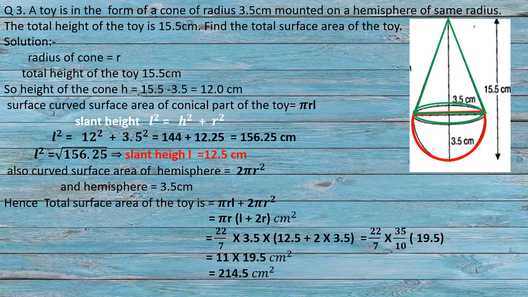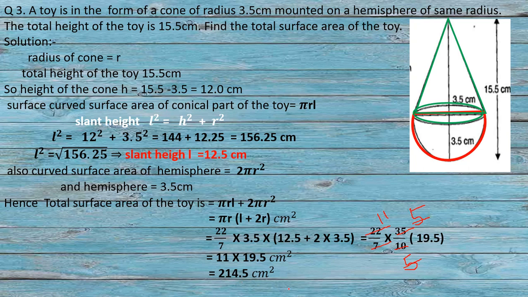So how is it simplified? 7 fives are 35, and this 2 fives are 10, 2 elevens are 22, and this 5 and this 5 again cancel out. We get 11 into 19.5 centimeters square, or the product of these two terms is 214.5 centimeters square.